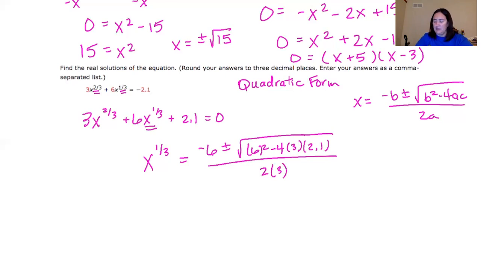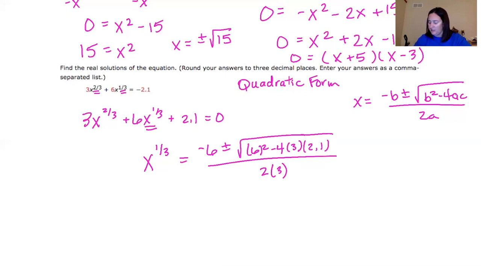Then we need to plug this in our calculator. So when we do this, we're going to take 6 squared minus 4 times 3 times 2.1. So when you do that, I'm going to go ahead and do it here on my calculator.